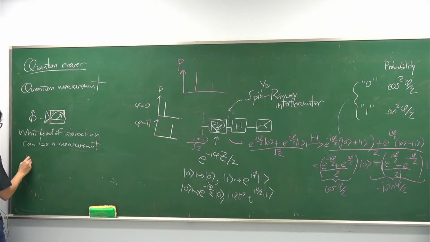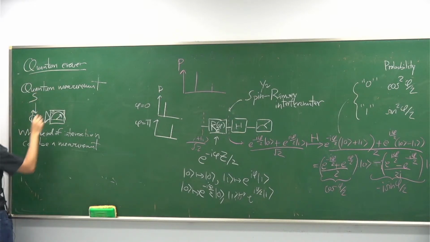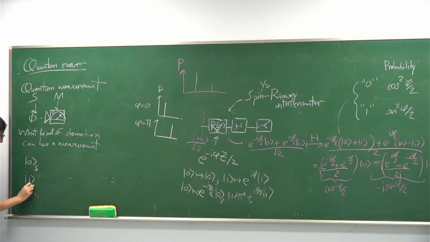So for example, let's label this the system S, and this the meter M. If I want to measure the system in the computational basis, I would put the system state next to whatever the state of the meter is, let's say some sort of ready state.